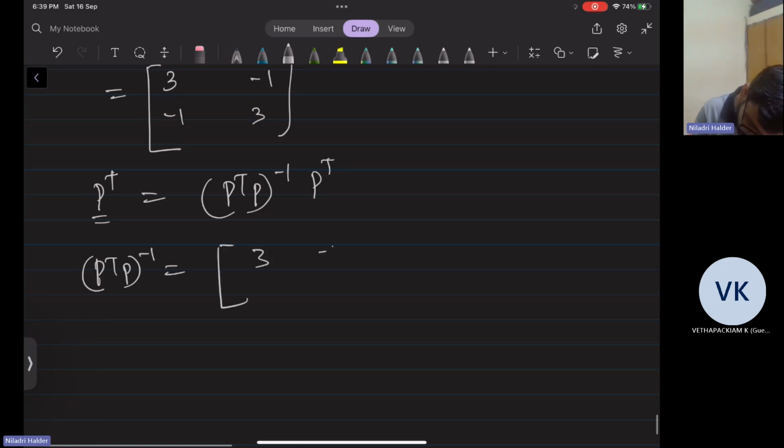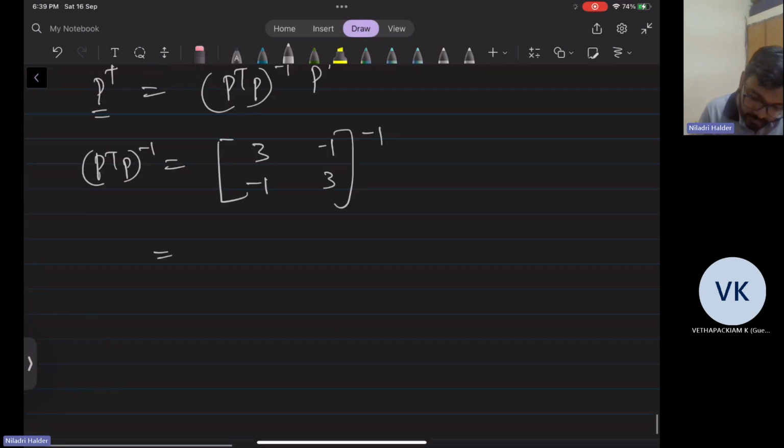Inverse of 3 minus 1, minus 1 3. The determinant is equal to 3 times 3, 9, minus 1, which is 8.